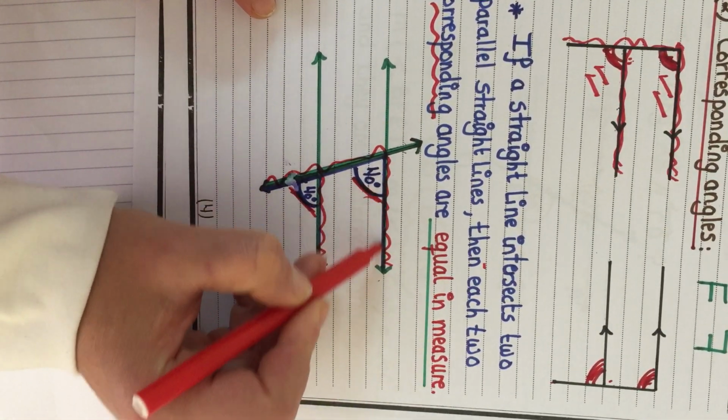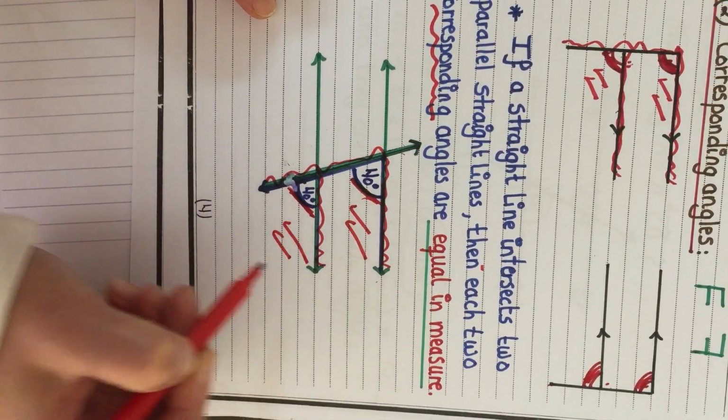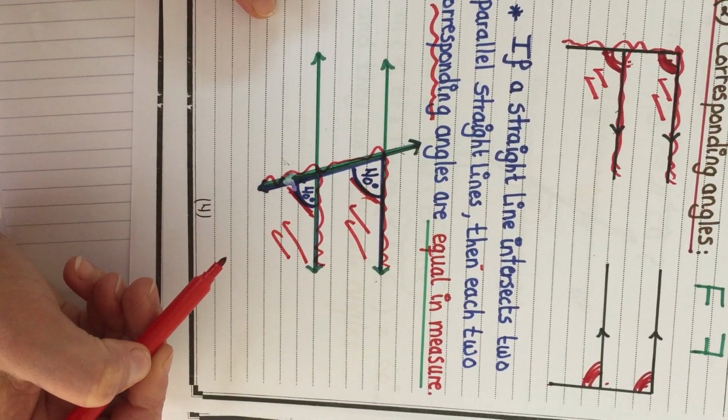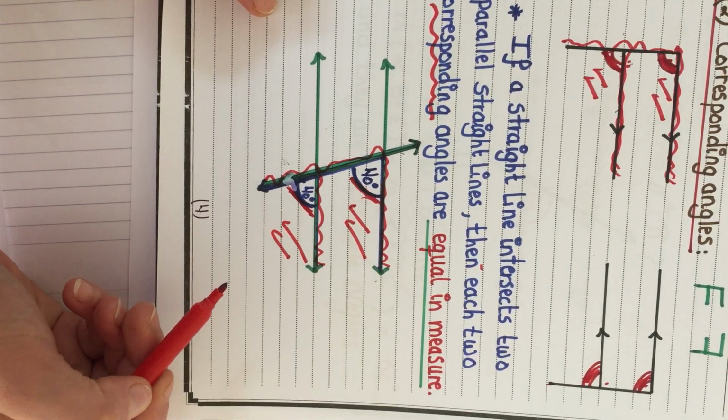This one is 40 under the first parallel line, and under the second parallel line both angles are equal in measure and they are called corresponding angles. Do you understand? So corresponding means F, alternate means Z.